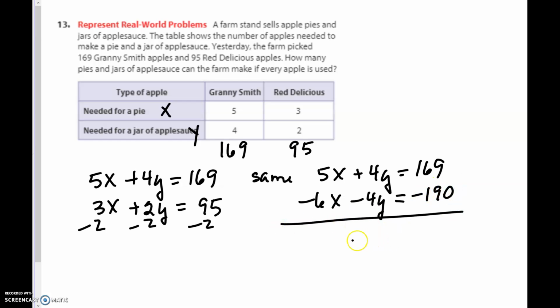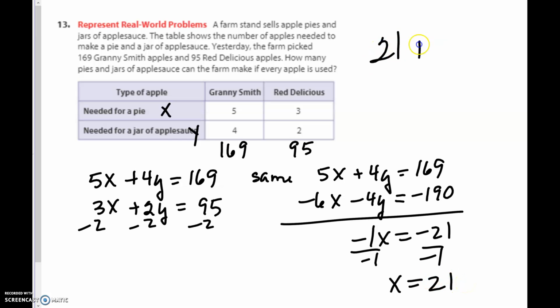Now when we add this up, we get negative 1X. My Y's cancel out, and this is going to be a negative 21. So when I divide both sides by negative 1, I get X equals a positive 21. So what does that mean? It means 21 pies were made.